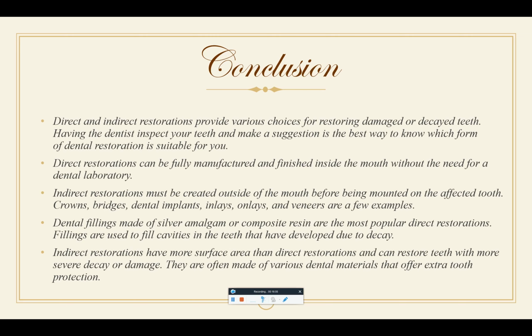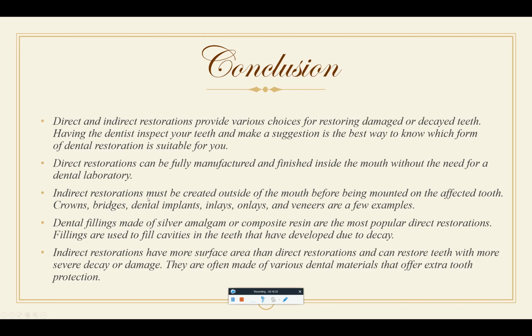To name a few simply, we can say crowns, which I mentioned before, and bridges, dental implants, onlays, and veneers. And also dental fillings made of silver amalgam or composite resin, which I have mentioned, are the most popular direct restorations. Fillings are also used to fill a cavity in the teeth that has developed due to decay.